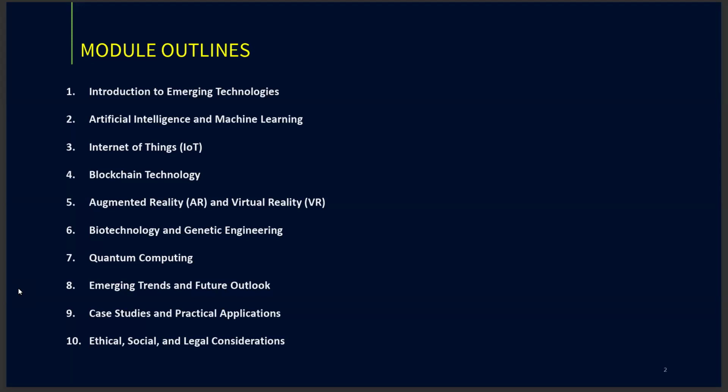So our module outline, which is going to be our first module today, is going to look at introduction to emerging technologies, which is going to be our main focus today. Hopefully, we will finish the introduction to emerging technologies today.